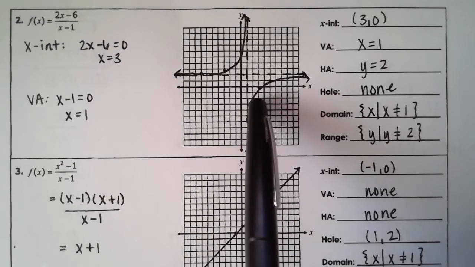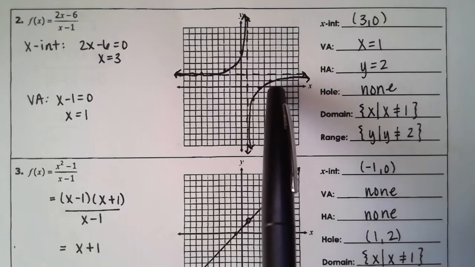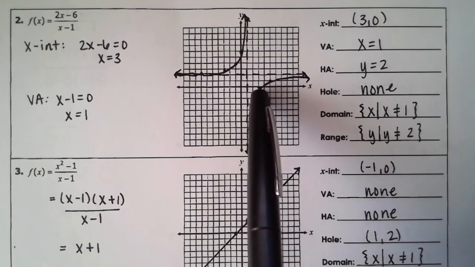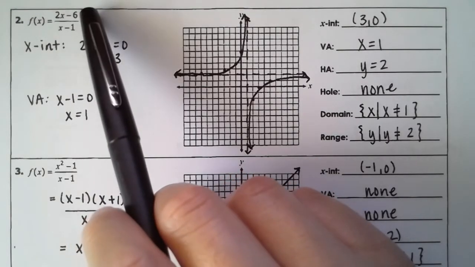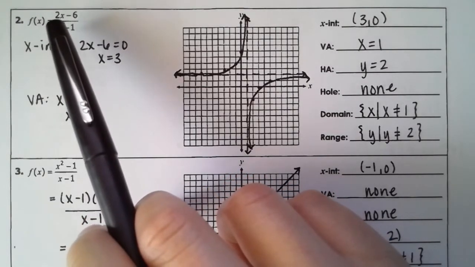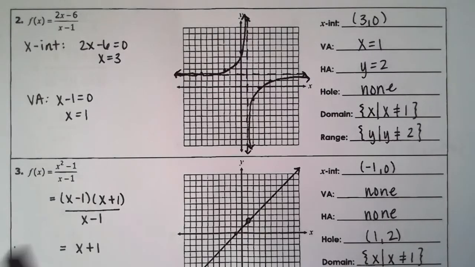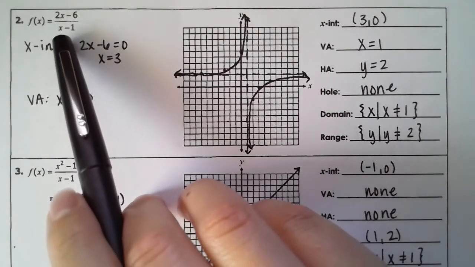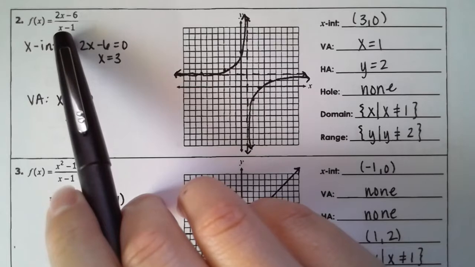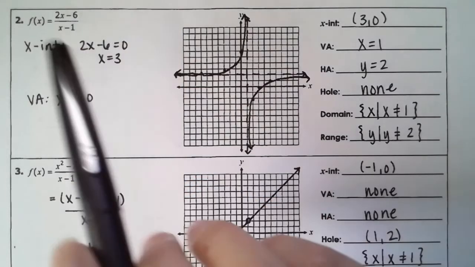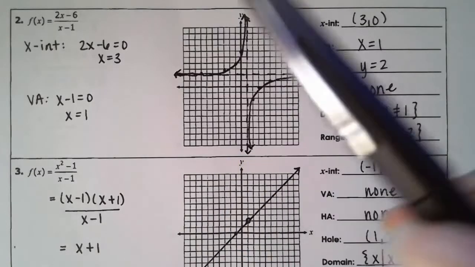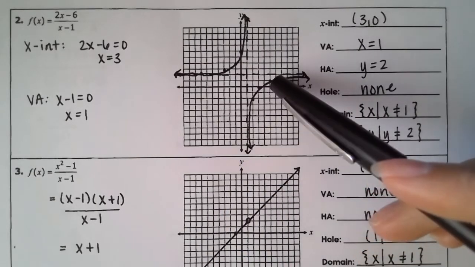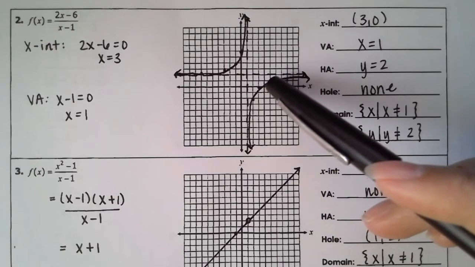There's my x-intercept, and then right here I'm going to have 1, 2, 3, 4, 5. When I plug in 5, I get 10 minus 6, which is 4, over 5 minus 1, 4, and then I get 1. So I'm going to get this point here. You can stop right there, and you already have the 3 points, and this is going to be a curve going like this.